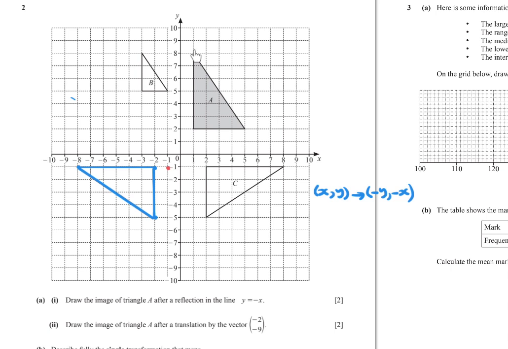Now if you find the image for this point, you can deduce the rest, because from this point 6 down, and then from this point 4 to the right. Then complete the triangle.